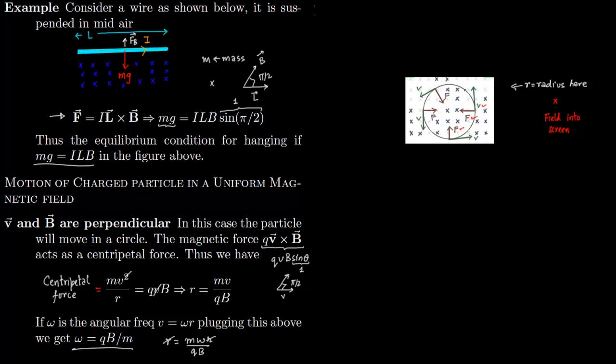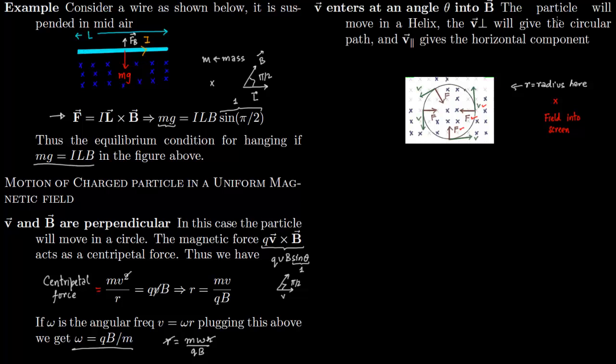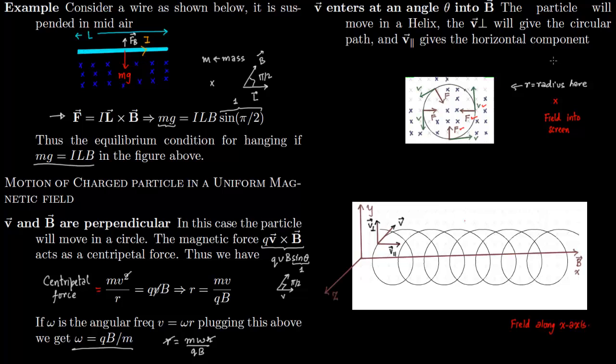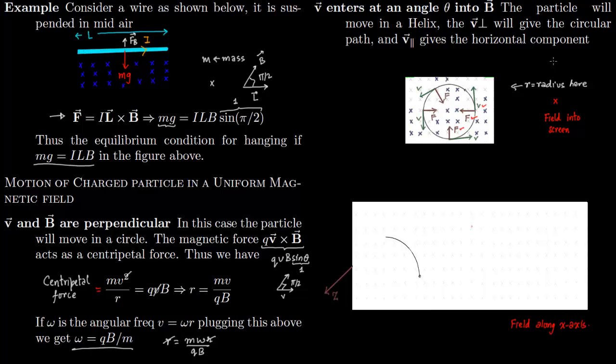Now if the particle enters at an angle theta into the magnetic field, then the particle will move in a helix. The perpendicular part will give the circular path and the parallel component will give the motion along the magnetic field. Let us see this.